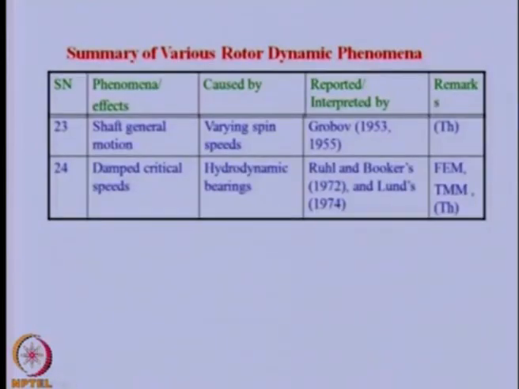Then the shaft general motion, that is for varying spin speed, was described by Grobov in 1953 and 55. This was theoretical work. The damped critical speed of hydrodynamic bearings was explained by Rouch and Booker and Lund's work in 1974. They used FEM and TMM, that is finite element method and transfer matrix method, respectively.